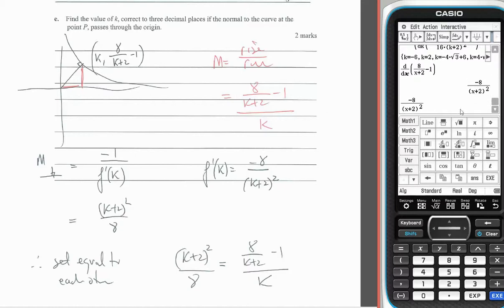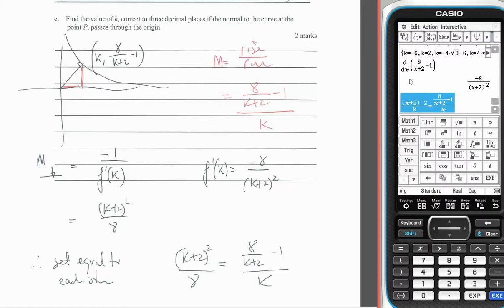So I've got bracket x plus 2 squared over 8, and that equals a fraction, 8 on top of x plus 2, minus 1 in the numerator, over x.